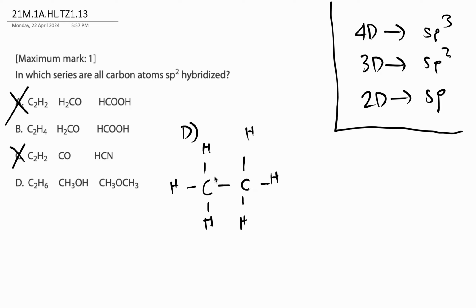So again, this cannot be the answer because all the molecules in the series must satisfy the requirement of sp2 hybridization. But immediately C2H6 doesn't, so I can cross out this whole option. It doesn't matter what the others are. C2H6 doesn't follow it, so D cannot be the answer.